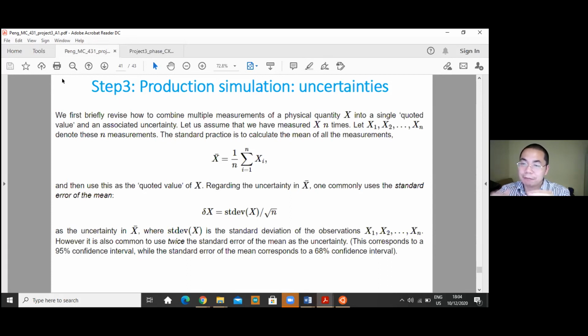I hope that first you follow these procedures and know how to do it at a very basic level. You have such skills. Eventually, you will need to understand the physical meaning behind these numbers. That's important. But at the first step, the basic requirement is that you know the simulations and go through these skills.